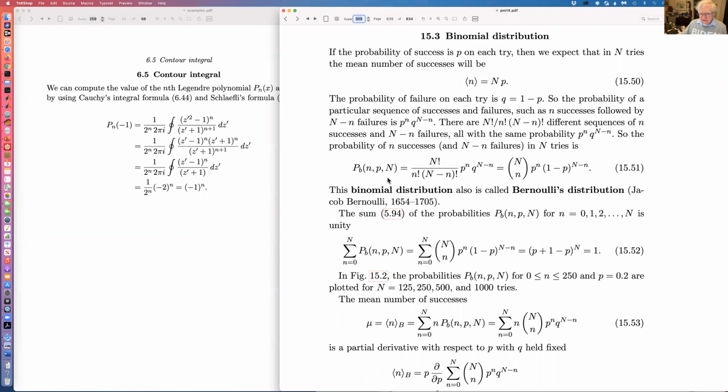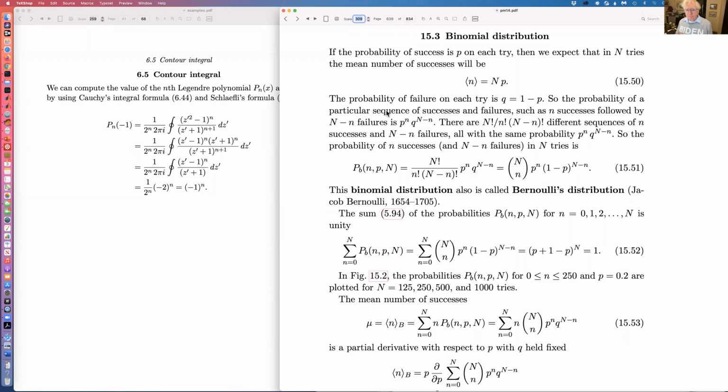If you make capital N tries, you're going to attempt something capital N times, and the chance of getting it right each time is little p. You work that out, it turns out to be this binomial distribution.